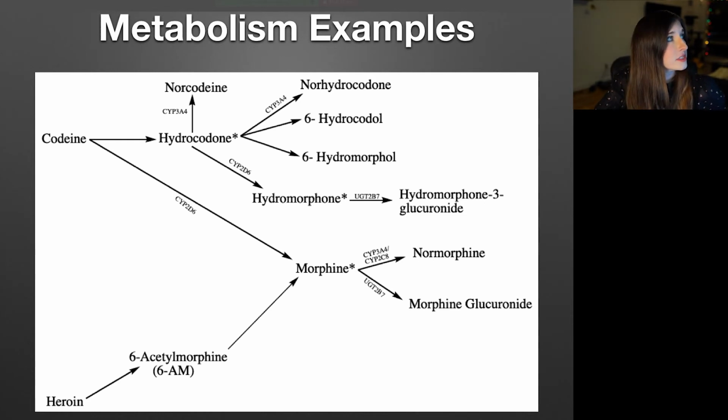But you can see here too that there are some arrows that I put, it just kind of looks like some letters and numbers next to them, but those are actually enzymes that are coding for the metabolism. So if you remember before, I briefly mentioned the CYP450 enzymes, and you can see here there's CYP2D6, CYP3A4, and CYP2C8.